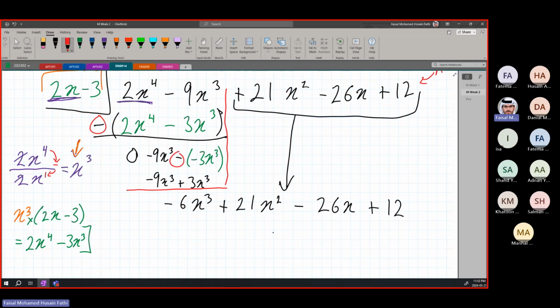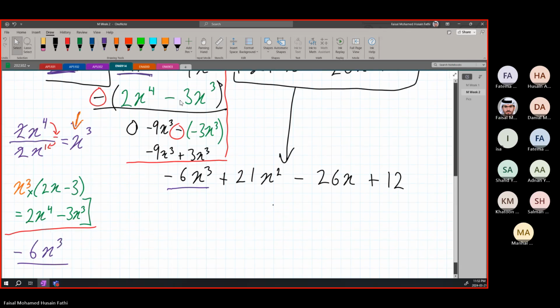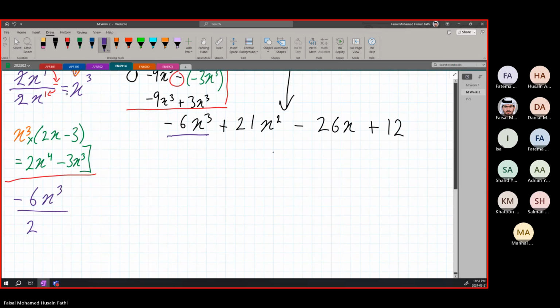From the beginning, we're going to look at the minus 6x cubed, and we're going to look at the 2x, and we're going to do the exact same thing again. So this is done. We're going to repeat the process. Minus 6x cubed divided by 2x. Again, x cubed over x becomes x squared, 3 minus 1.